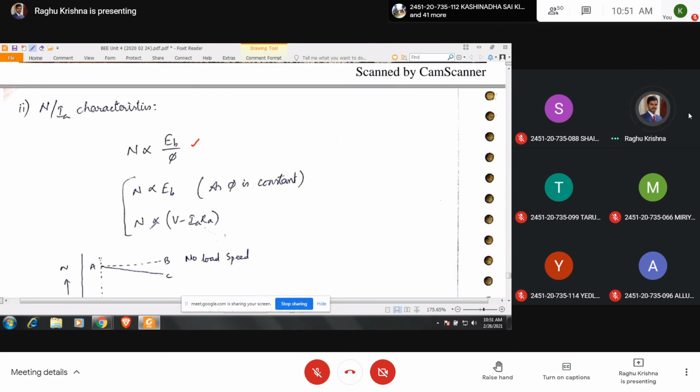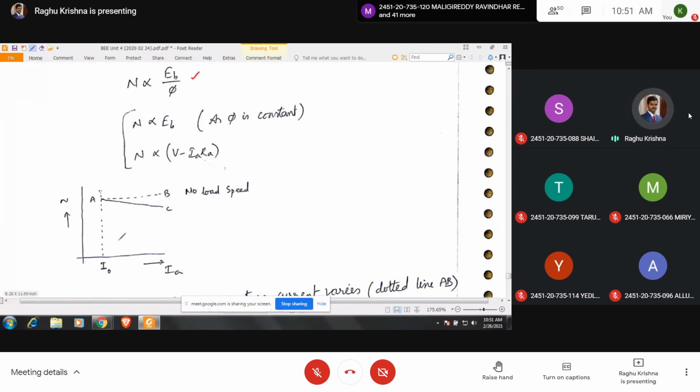But Ra is very small, so this drop is almost negligible. Speed is proportional to V, the IaRa value being very small compared to V. As V is constant, speed can be regarded as constant.